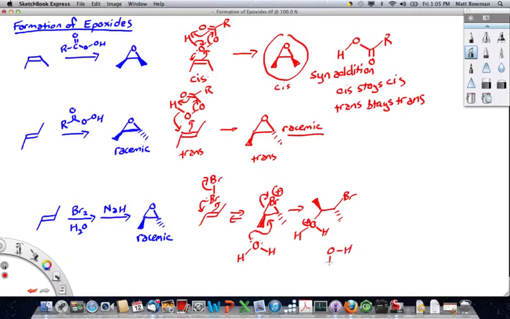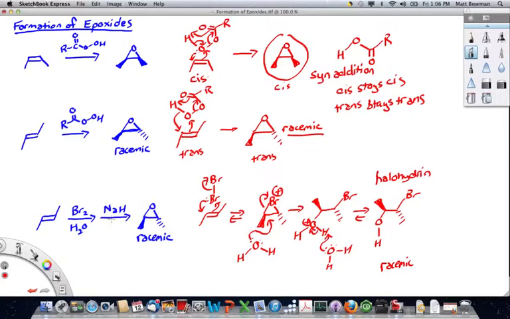Then water comes and deprotonates, to give the halohydrin. And this, of course, is racemic.